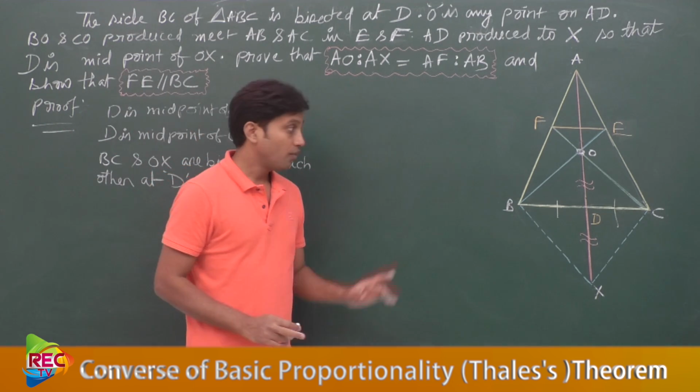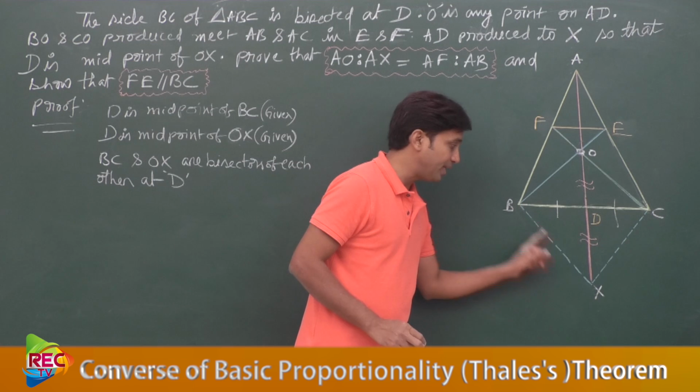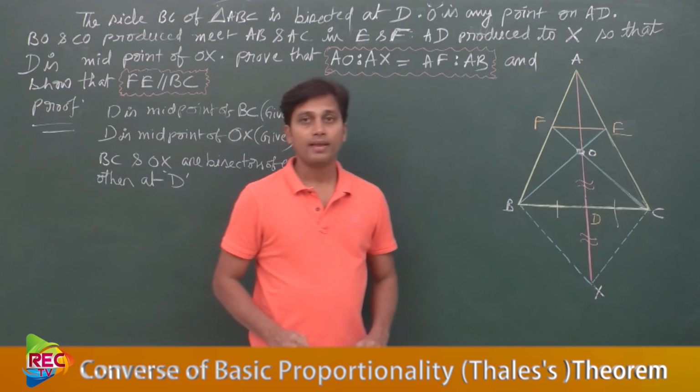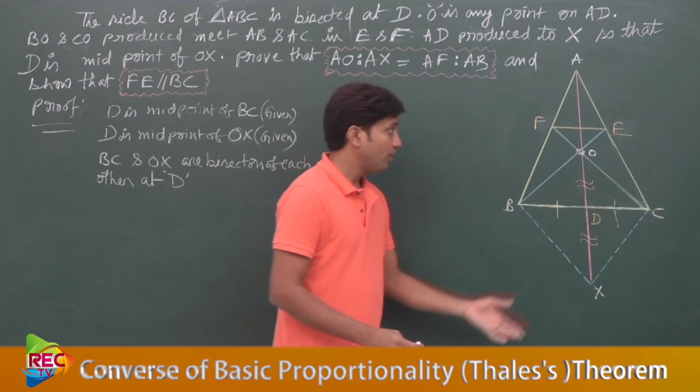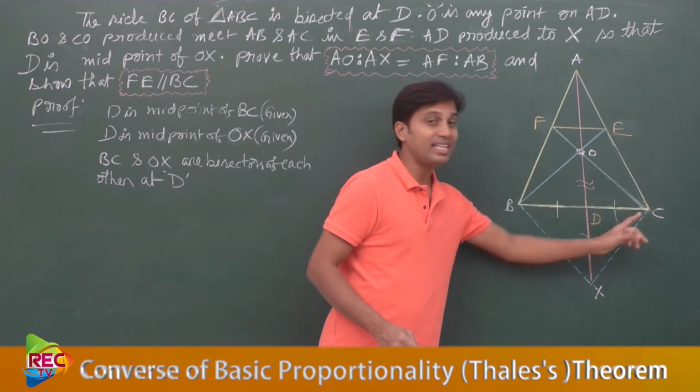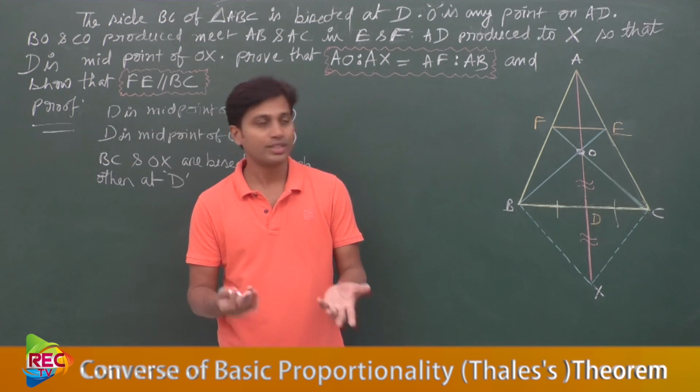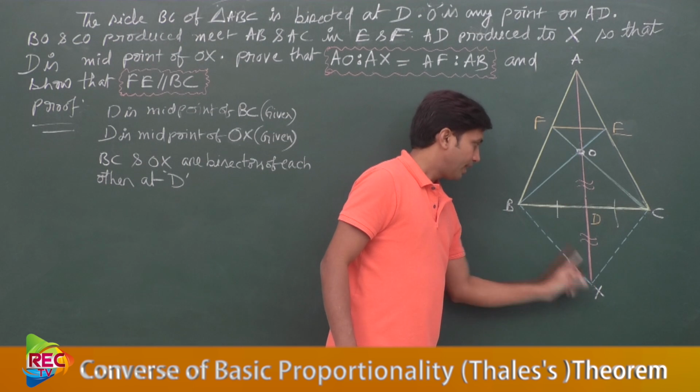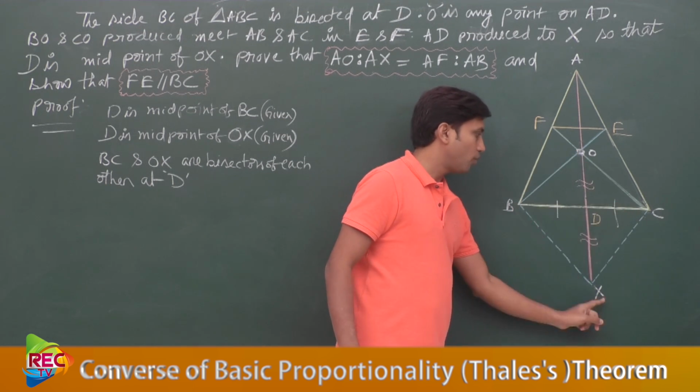Now let us consider one quadrilateral. Which is that quadrilateral? OBXC. In this OBXC, OX and BC are considered as diagonals or not? See, OX and BC are the diagonals of OBXC.